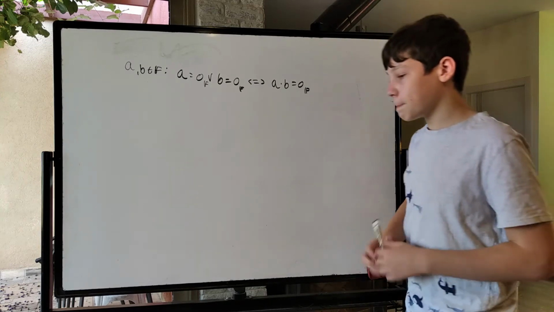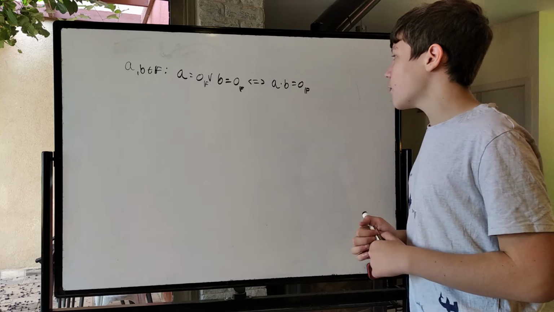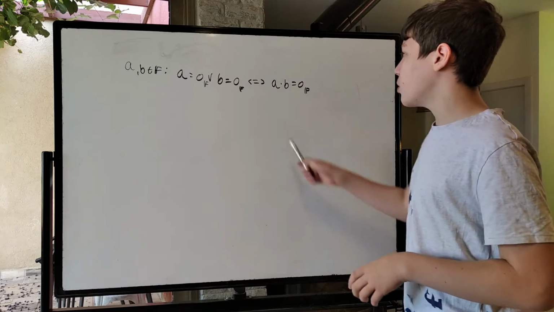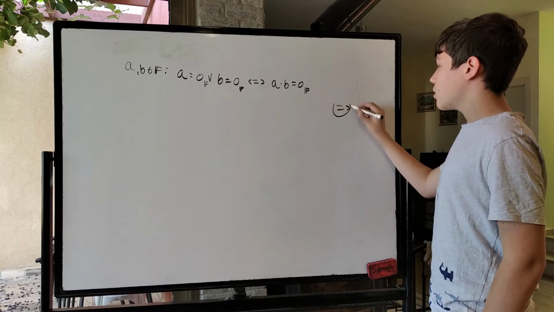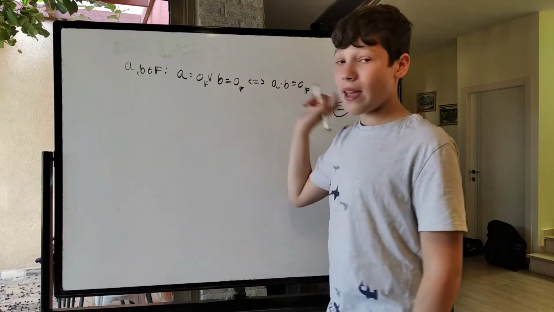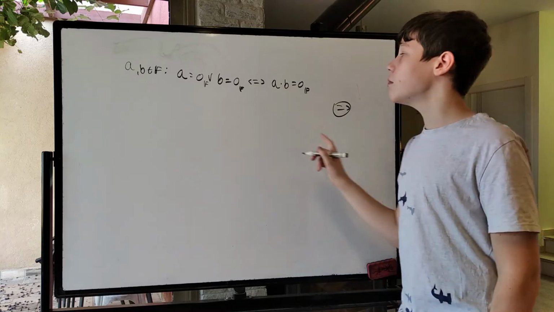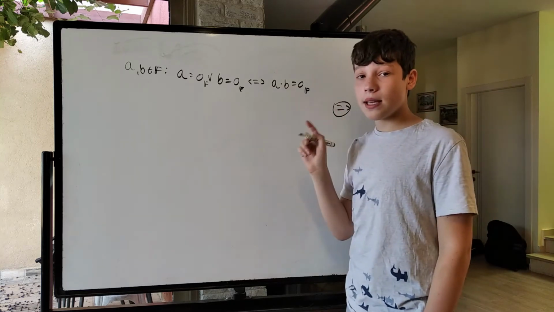which will tell us that 0 can possibly have an inverse. So, first of all, let's begin with this side. We want to show that if A is 0 or B is 0, then A times B is 0.